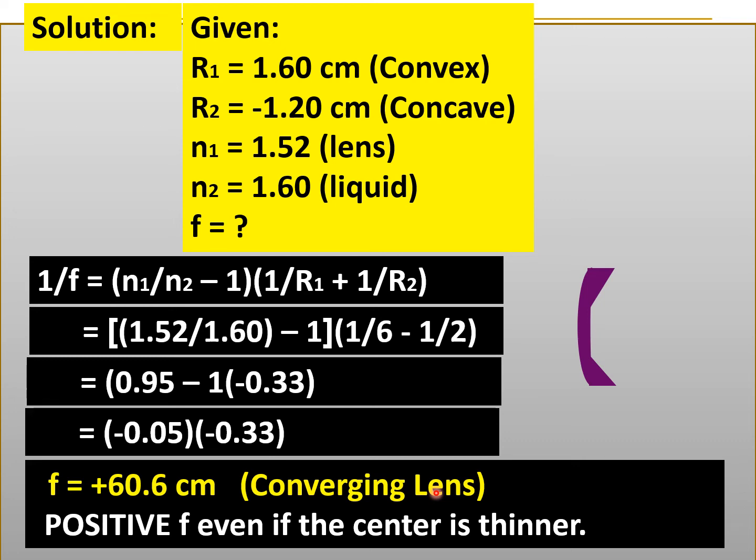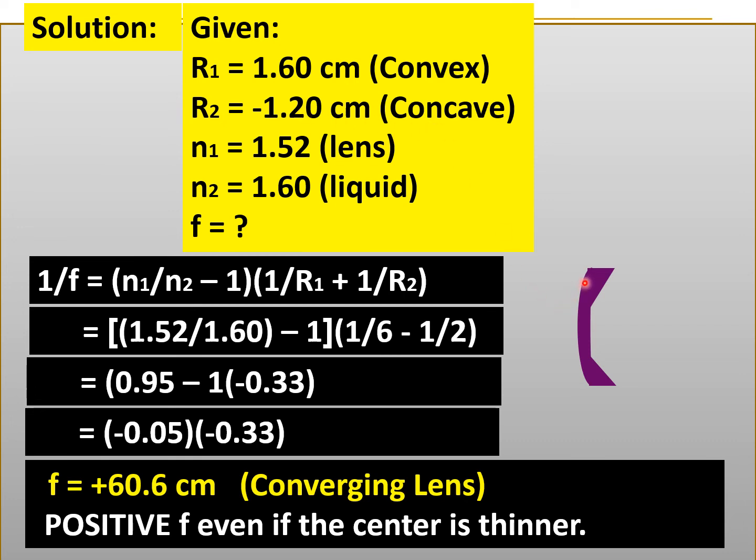Okay. Now, if you examine back the magnitudes of the two radii and do the rough sketch, we will come up with this kind of sketch. It says there that the convex surface is longer than the concave surface.